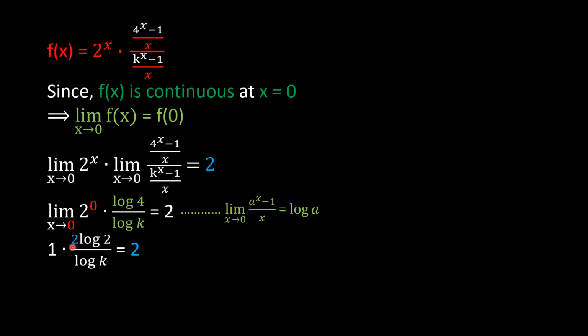After that, this 2 will get cancelled with this 2, and what remains is log 2 divided by log k equals 1. We will cross multiply, that will give us log k equals log 2, which implies k equals 2. So this is the value of the unknown k.